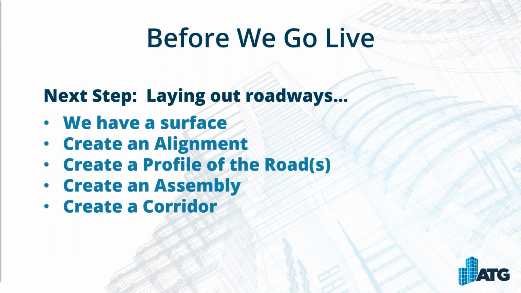I think I have all these steps correct here. The next step will be to create the alignment for those roadways. Then we'll need to create some profile views for those, and then create profiles on those profile views, create an assembly, and then create a corridor as well. So let's dive into that.